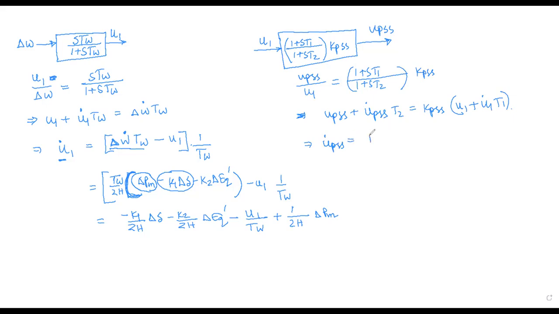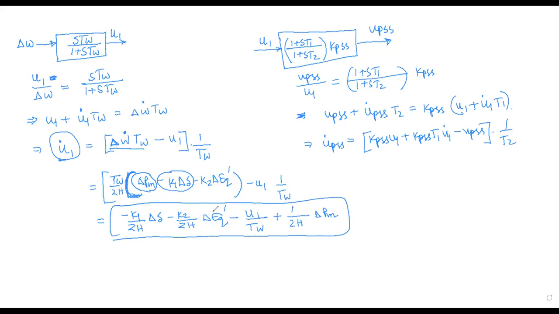Then UPSS dot would be KPSS U1 plus KPSS T1 U1 dot minus UPSS, whole divided by T2. Again, you can see there is U1 dot, but luckily we have the U1 dot already derived. So this whole thing would be plugged in here. I'm not going to do that part, it will take some space and time, but of course, you know what to do next.